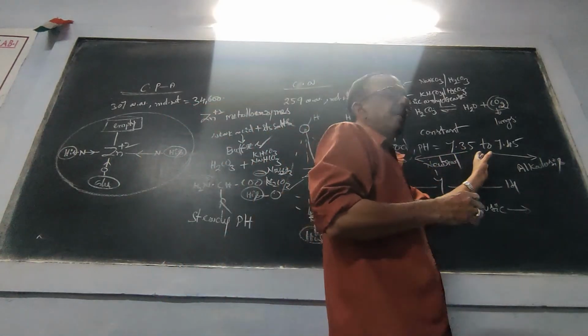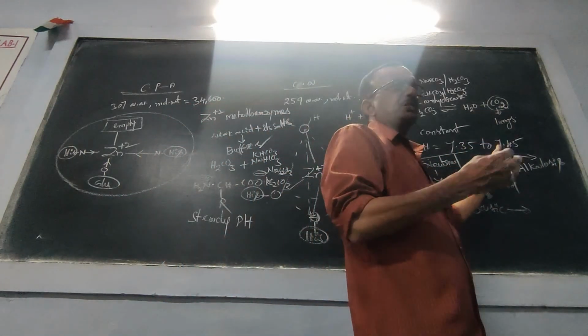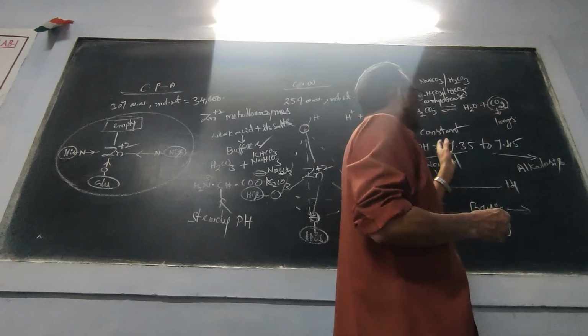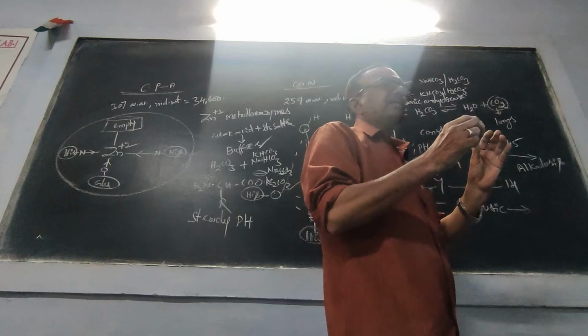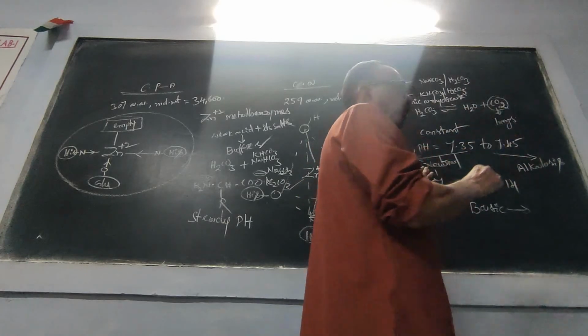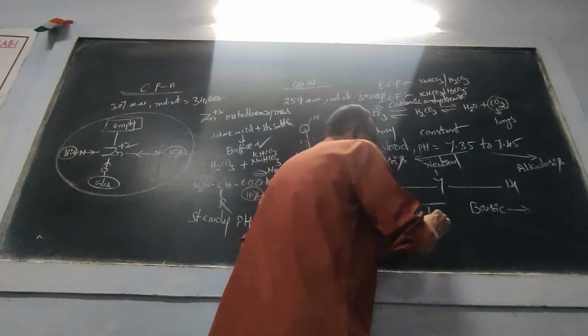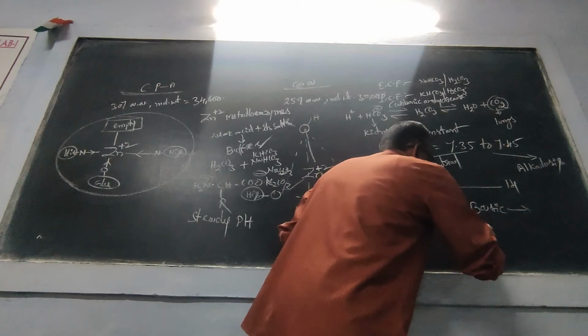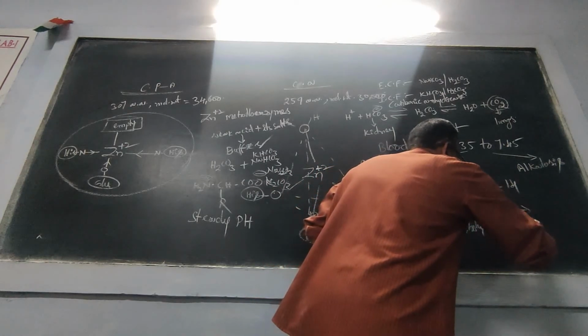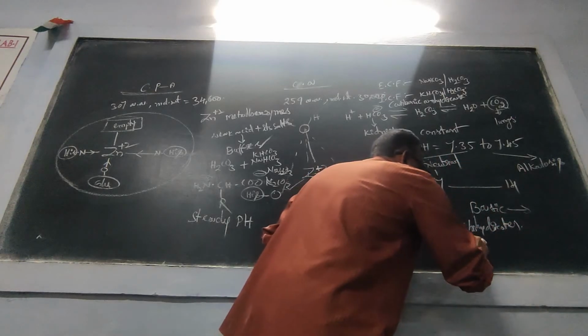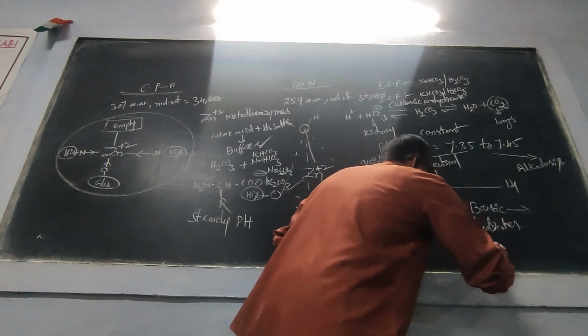Similarly, if we consume basic substances, then our digestion, the food must enter. The food is nothing but, generally we say, carbohydrates is one component, next one is protein, and next one fats.